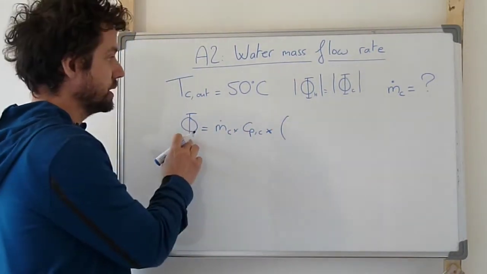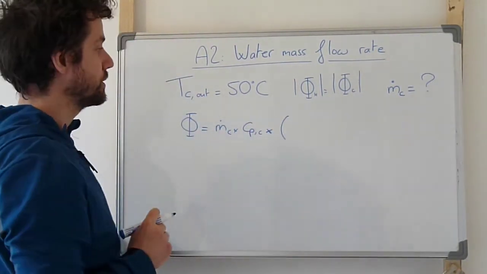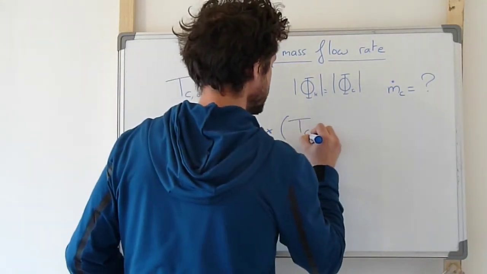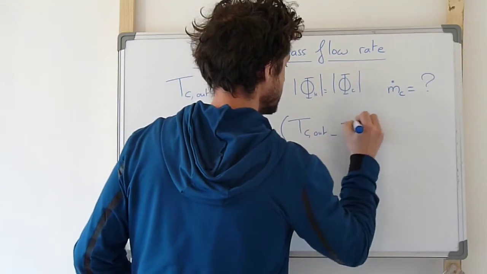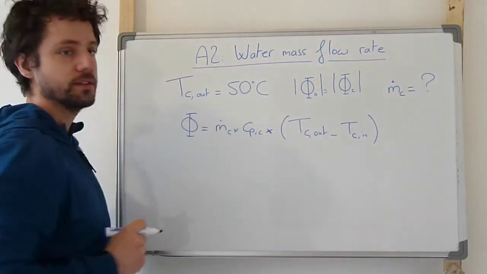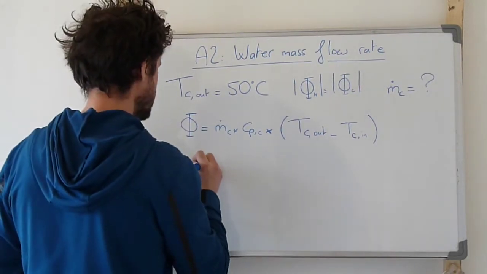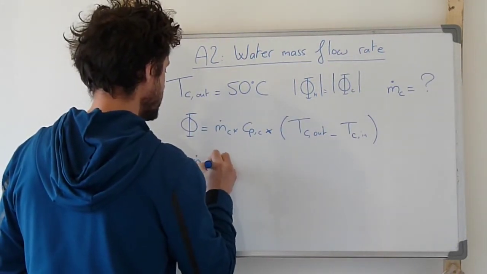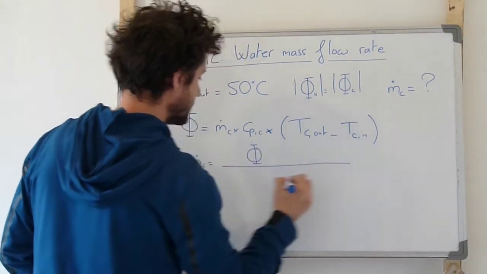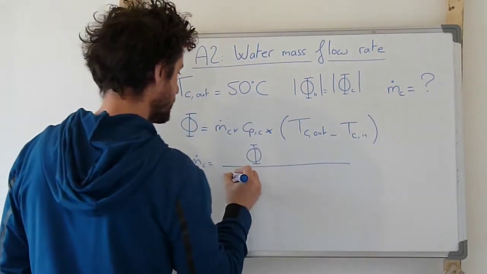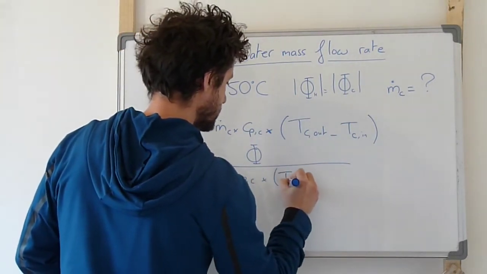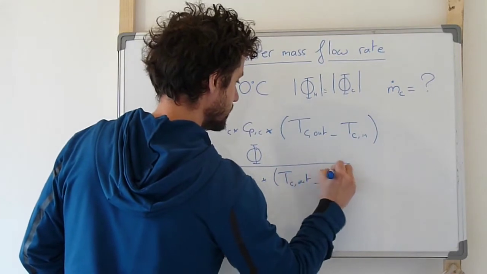Because we have an absolute value, we also write an absolute value for the difference of temperature, so that would be Tc out minus Tc in. We know everything except the mass flow rate that we are looking for, so we rewrite the whole equation to separate the mass flow rate of cold water on the left hand side, and then we can just calculate the result.